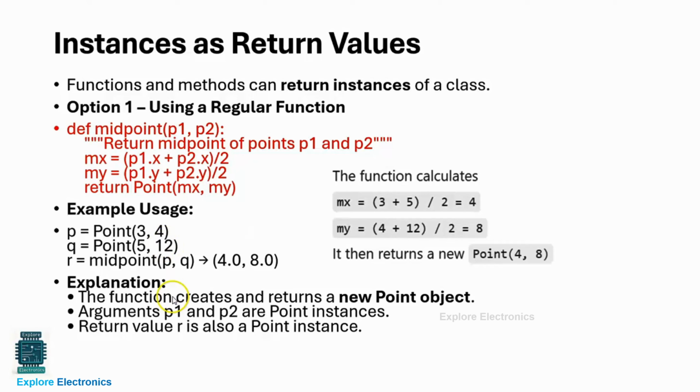Clear with it? The function creates and returns a new point object. The arguments p1 and p2 are point instances, and the return value r is also a point instance.